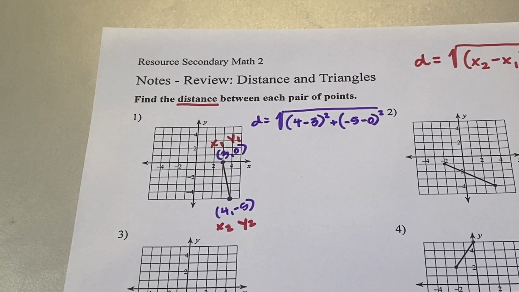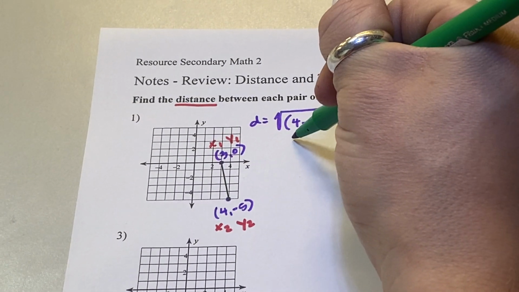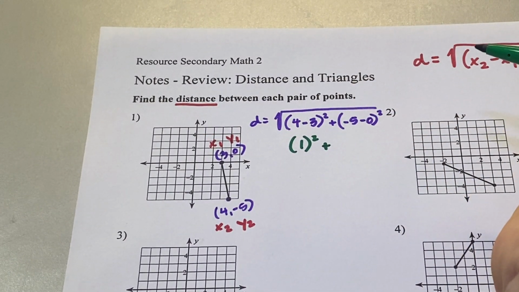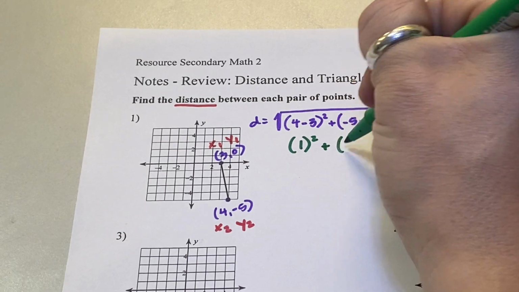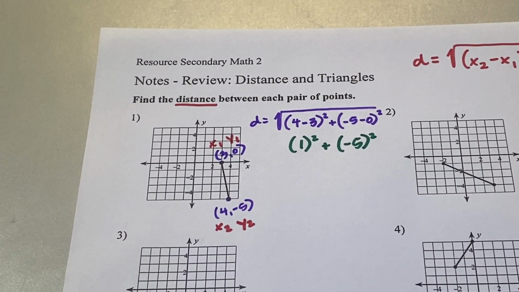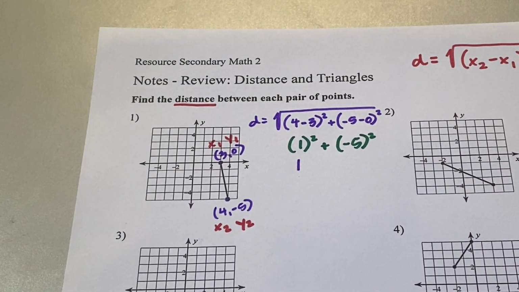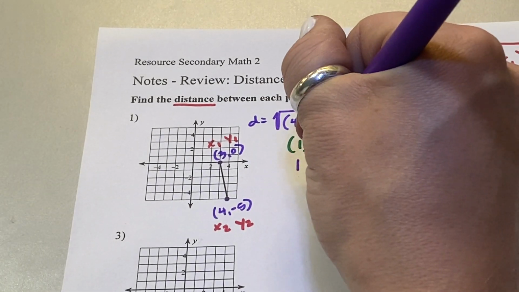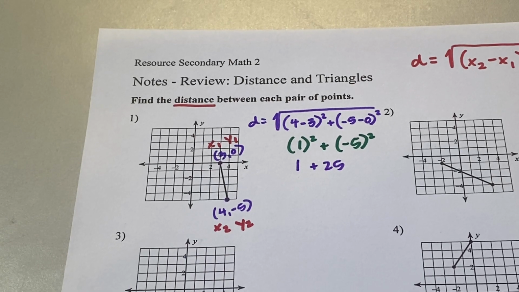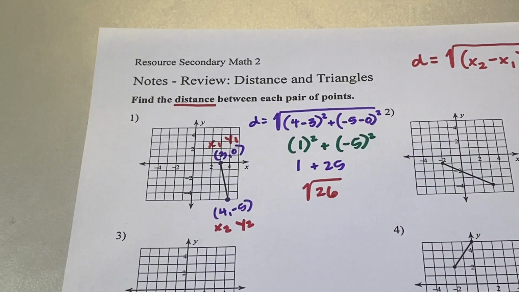Now it's just a matter of finding these numbers. 4 minus 3 is 1, so positive 1 squared, plus negative 5 minus 0, negative 5 squared. What does 1 squared turn into? 1. Negative 5 squared, or negative 5 times negative 5? Positive 25. So what is underneath my square root? 26. We have the square root of 26.